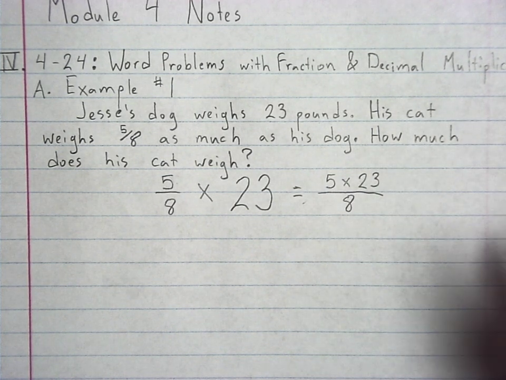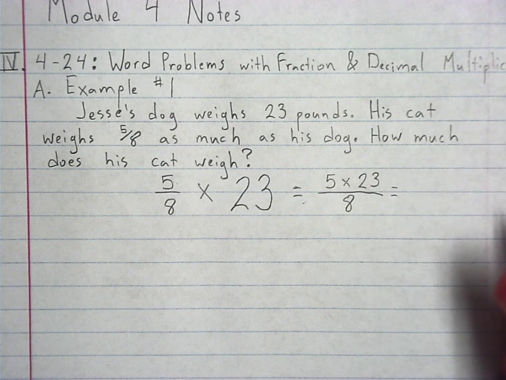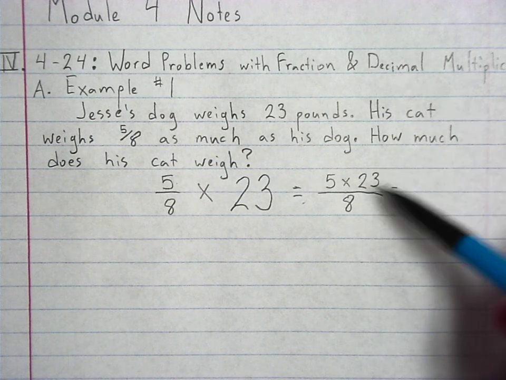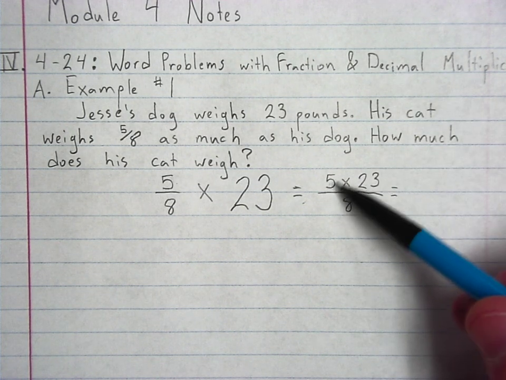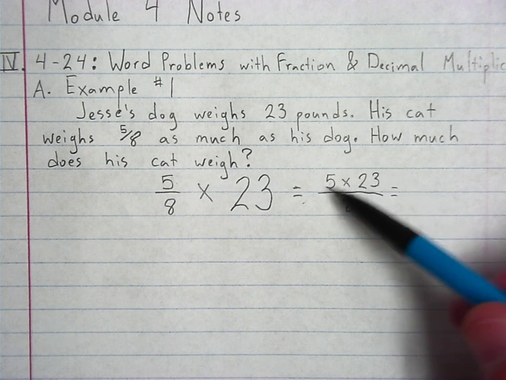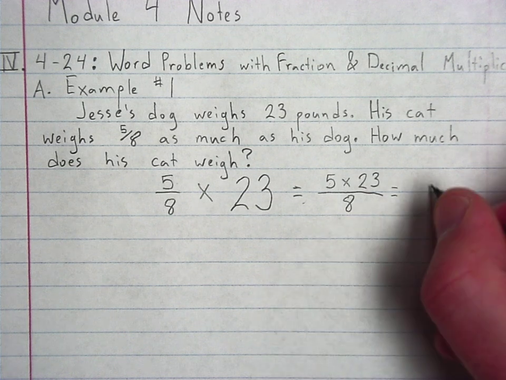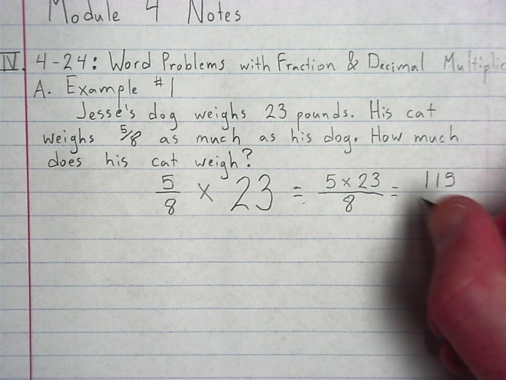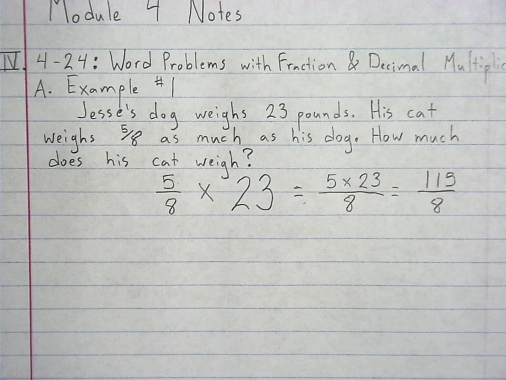When I multiply 5 times 23, I think of that as 5 20s. 5 times 20 would be 100, plus 5 3s. 5 times 3 is 15. So 115 divided by 8.